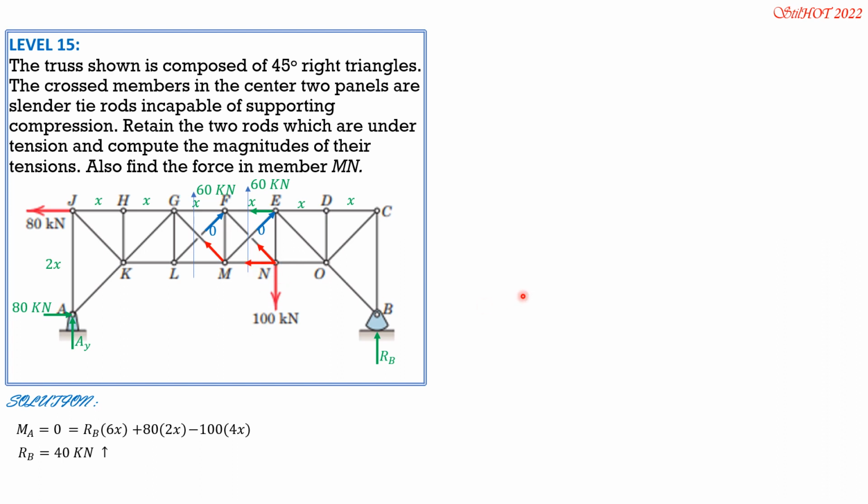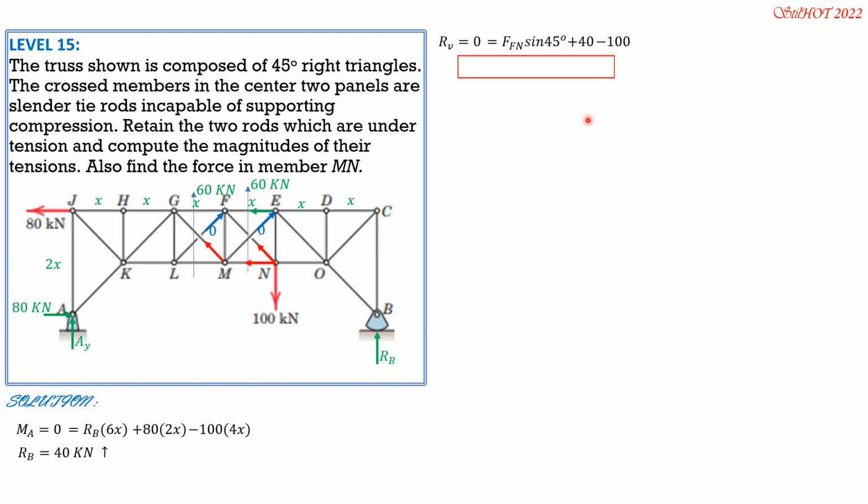That is MN, force in MN. So considering this section here and to the right, to solve for Fn, remember this is 45 degrees, just set R vertical equals 0. The vertical component of the resultant of the forces to the right of this section here is 0. And it is equal to the vertical component of Fn, which is FFn sine 45, plus RB, which is 40, and minus 100.